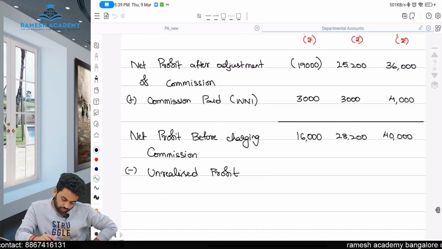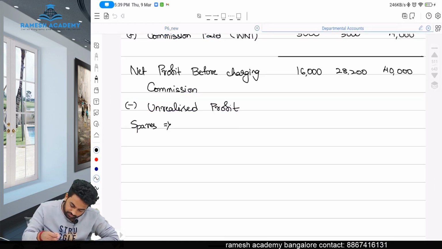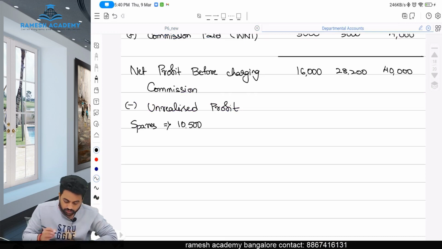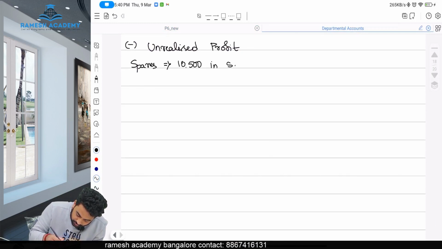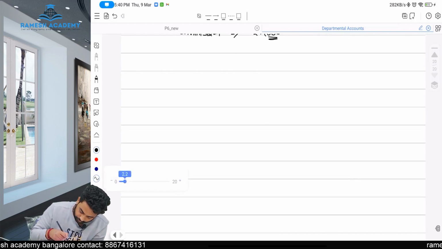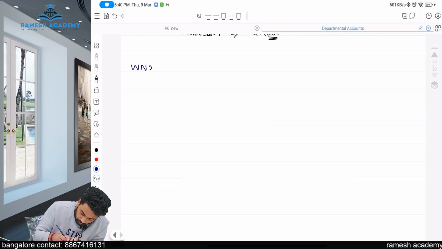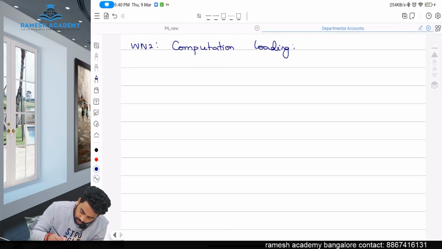So for spares, it is 10,500 in service. Working note number 2: computation of loading. Invoice price is equal to cost plus loading.